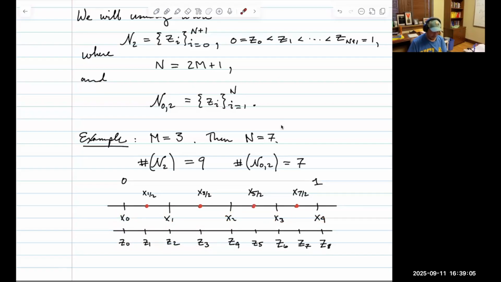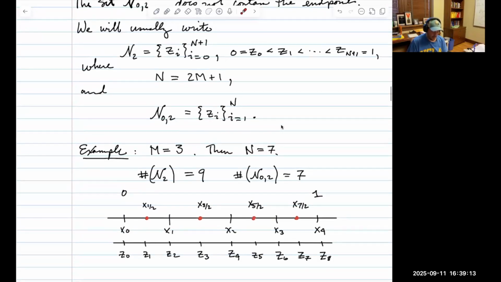All right, so how many points are going to be in this nodal set? Well, N2 I'm claiming is going to have 9. That should conform to my understanding because I said if I start with m equals 3, then capital N is equal to 7. So the number of points here is going to be capital N plus 2. That should be 9. And let's count them: 1, 2, 3, 4, 5, 6, 7, 8, 9. Perfect.